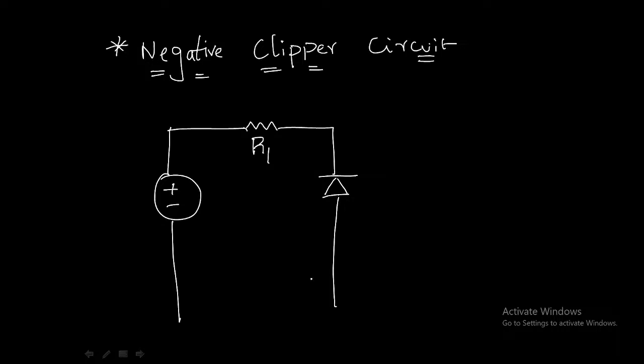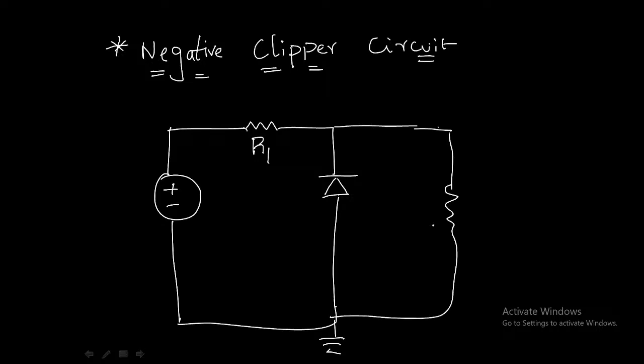It is connected to ground, and here we have the load resistance RL. Like this we have the circuit. So it is a negative clipper circuit.